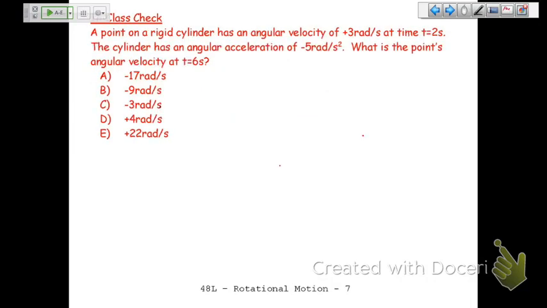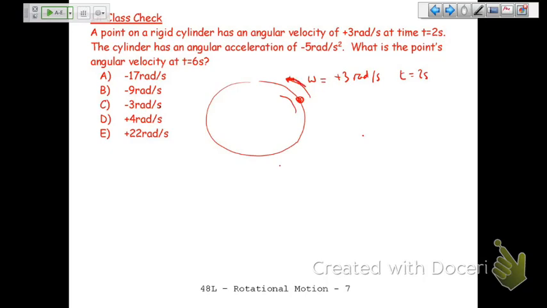A point on a cylinder has an angular velocity. Here's my point on my cylinder. It's got an angular velocity, that's an omega, equal to plus 3 radians per second at time t equals 2 seconds. And it has an angular acceleration.